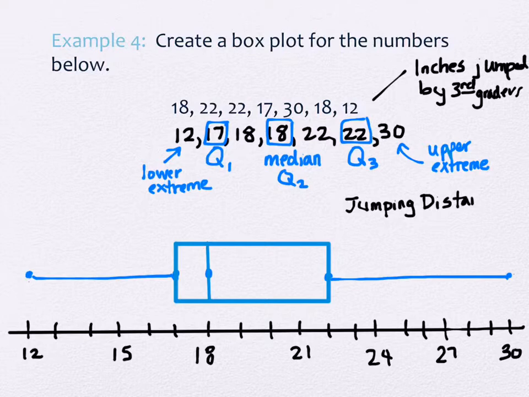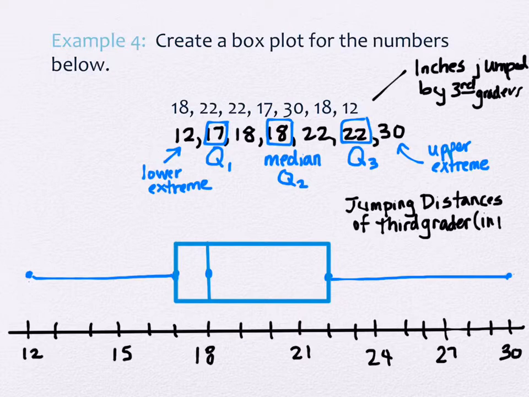It kind of does, doesn't it? Jumping distances of 3rd graders. I have to have the units on there somewhere, right? In inches. Yeah, in inches. Something like that. Got to have a title.